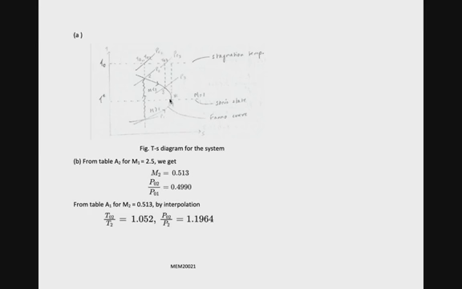The dotted line represents the sonic state, which means the Mach number is equal to 1, and it divides the Fanno curve into supersonic and subsonic parts. Now, these are the stagnation temperatures for the system.